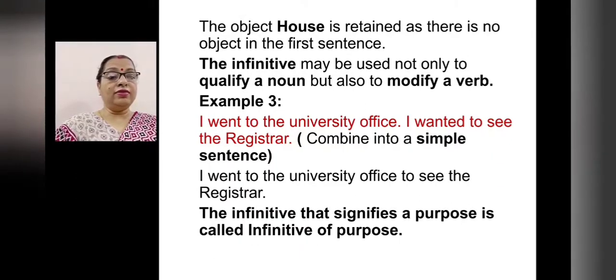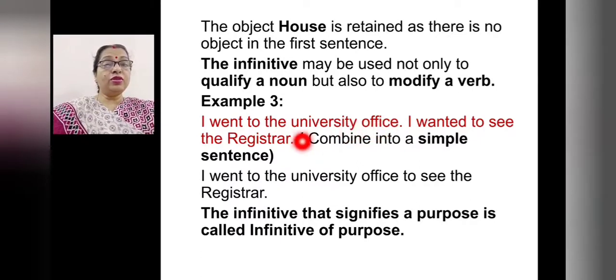The infinitive that signifies a purpose is called the infinitive of purpose. Here, to see is the infinitive of purpose. It tells you the purpose. Why did I go to the university office? To see the registrar. This is the purpose.